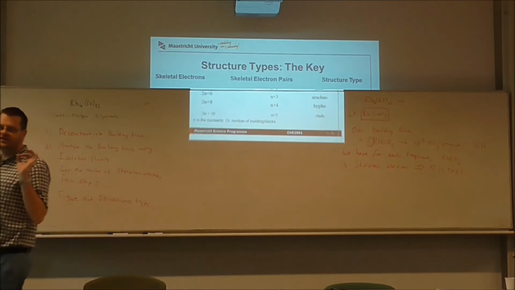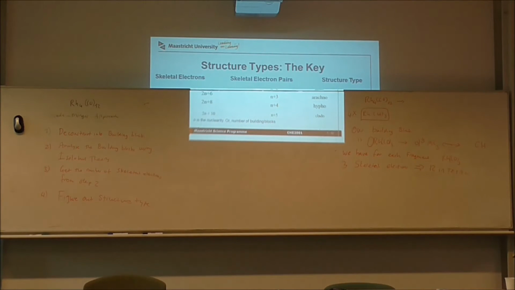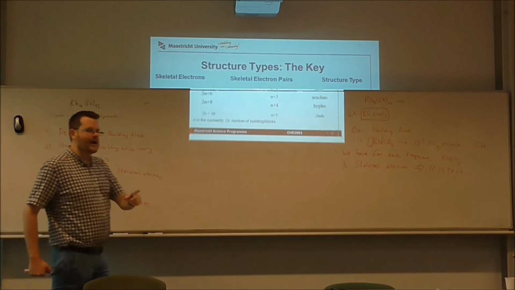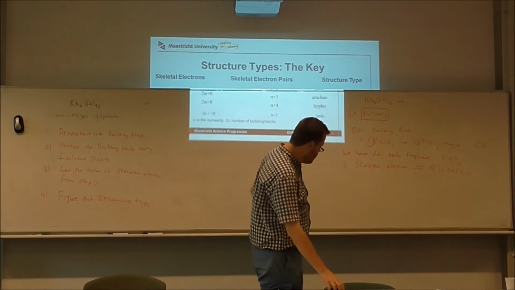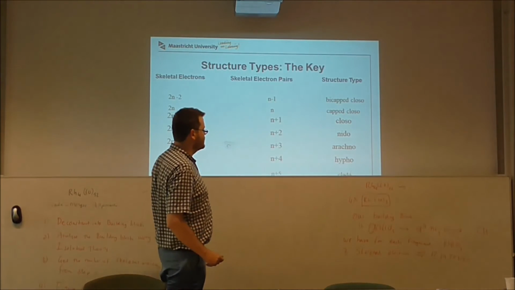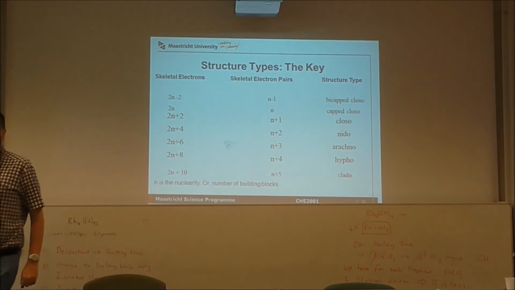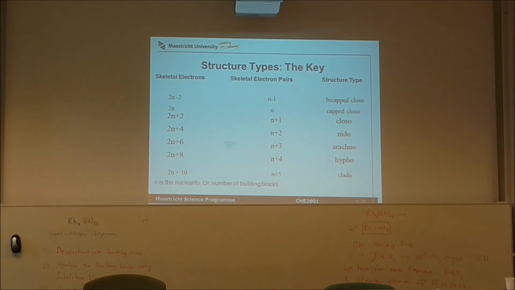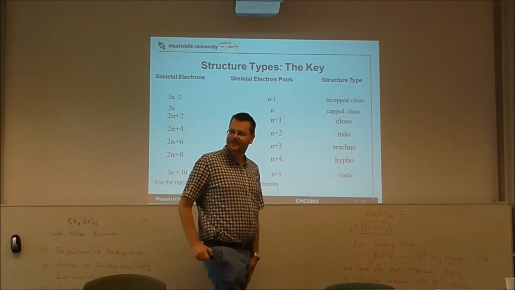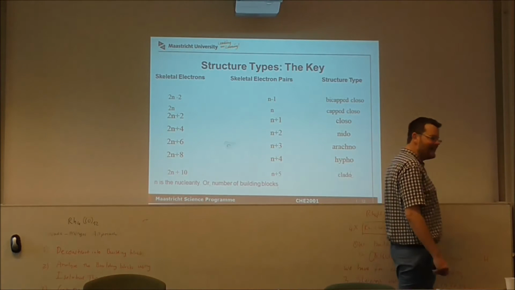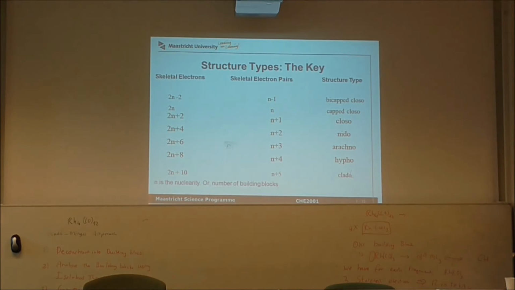There were 12 electrons in total, 12 cluster electrons. What is the nuclearity of the thing? 4. So what structure type does it have? Nido. Good. Why? Because n equals 4 and that makes 12. Exactly. If n equals 4, the nuclearity, plus 4 times 2 is 8 plus 4 is 12, it's nido.